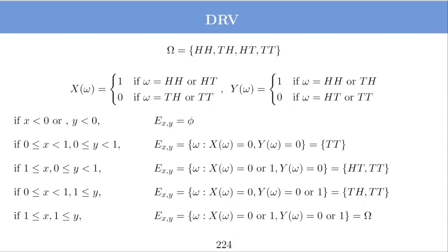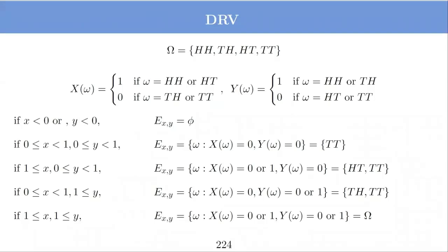The rest of the values X(omega) cannot take, so we don't worry about that. The only value in the range of X is 0. Similarly for y, 0 is the only value in minus infinity comma y which Y(omega) can take.